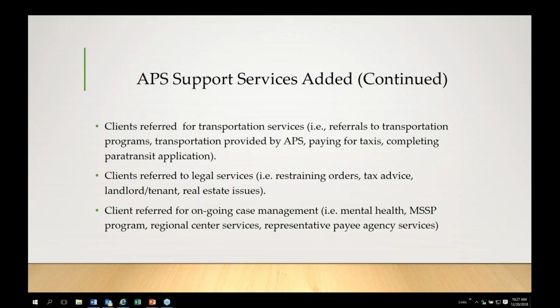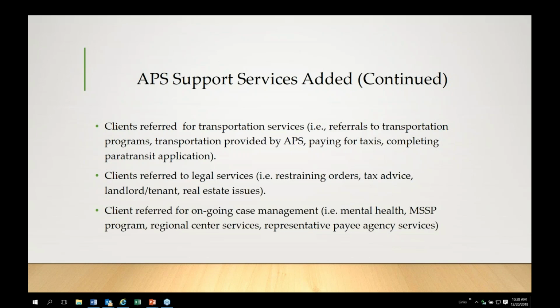And even though this says referred, it includes if APS is providing that transportation, if you're giving them taxi vouchers, that sort of thing. You're doing referrals. You're completing the paratransit application. The purpose of this category is how many of our clients need help with transportation, whether we're the ones giving it to them or not. That's what we want counted here.